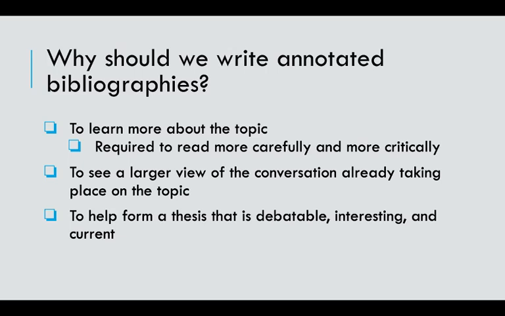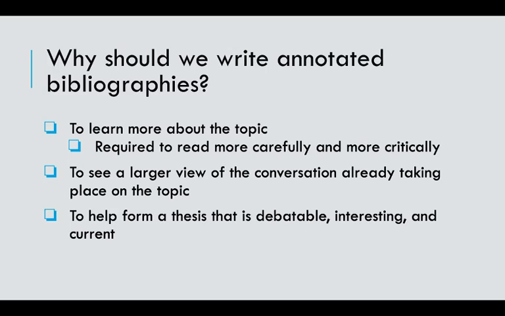Writing annotated bibliographies helps us see a larger view of the conversation already taking place on the topic. If you think about all of the different sources on your topic, they all have something interesting, something new, something different to say. They may say a lot of the same things, but each one is going to add something different. If we look at the sources in isolation, we don't really get that whole picture.